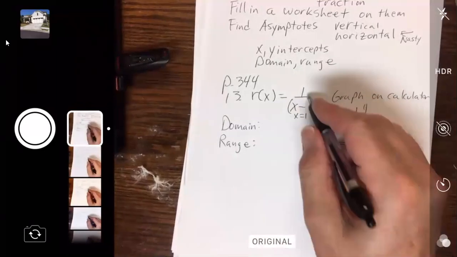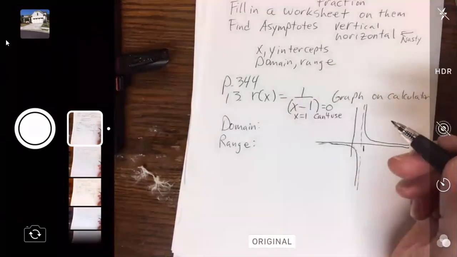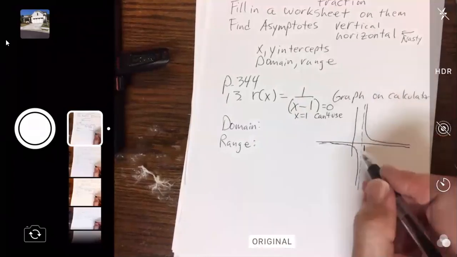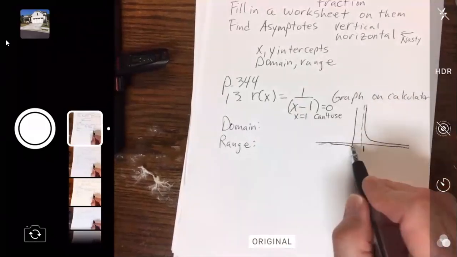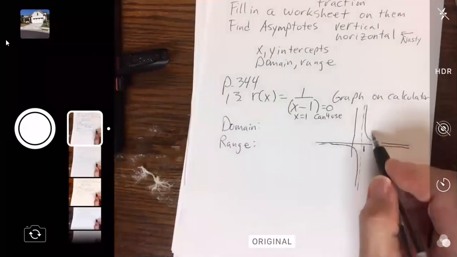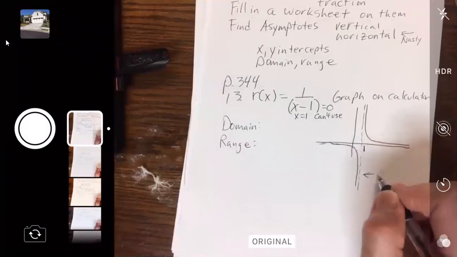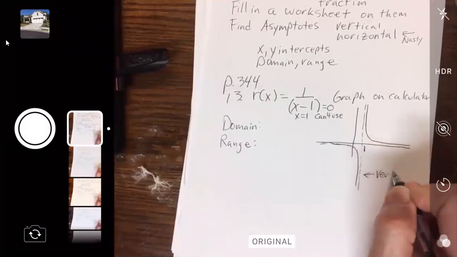It makes you divide by 0. You'd be going 1 over 1 minus 1, which is 1 over 0. And that's what the graph is telling you. The graph is coming along and bending at 1, and it's bending against 1 here. See how it never crosses 1. This in effect, though they didn't ask for it, is your vertical asymptote.